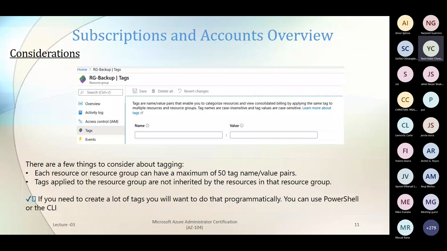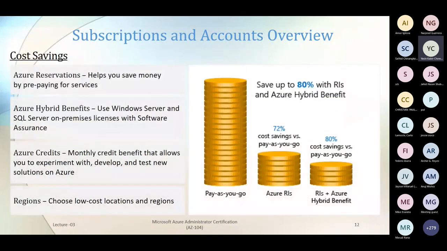So we don't need to go to every resource to check. We just give dev and all the development groups' costing or billing will come. So it is the easy way to characterize the costing.